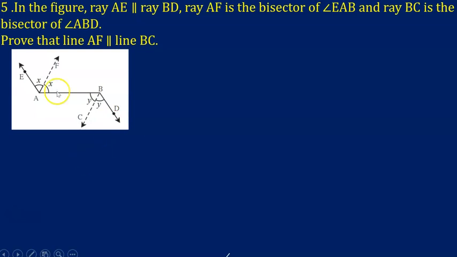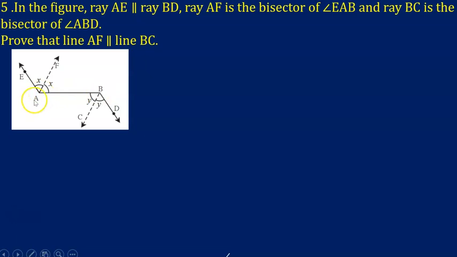Now see this here. In the figure, ray AE is parallel to ray BD. These two rays are parallel. Ray AF is the bisector of angle EAB, and ray BC is the bisector of angle DBA.